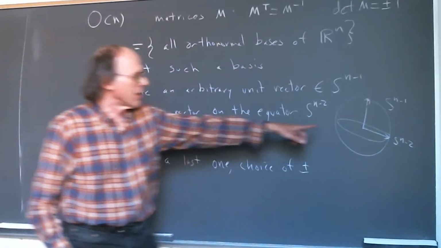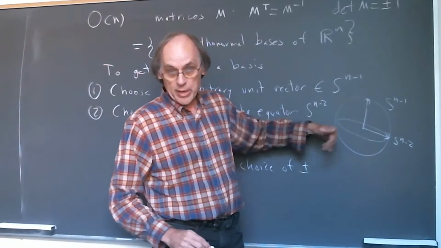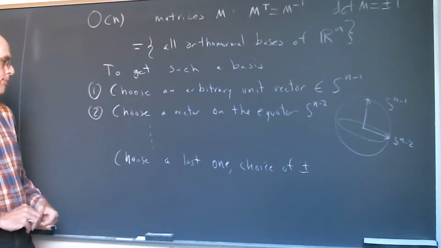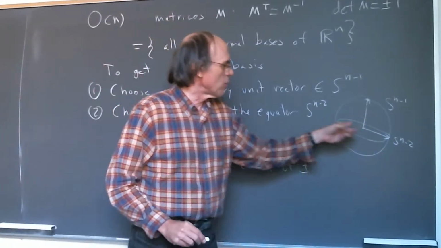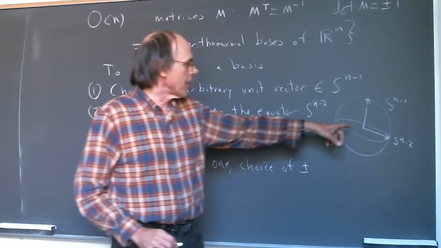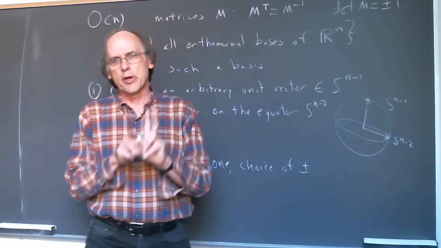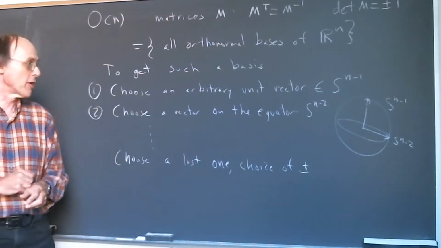In 3 dimensions, your third choice would be either this way or this way. Depending on which one you choose, you're going to get either an oriented basis, a basis with the standard orientation, or a basis with the opposite orientation.